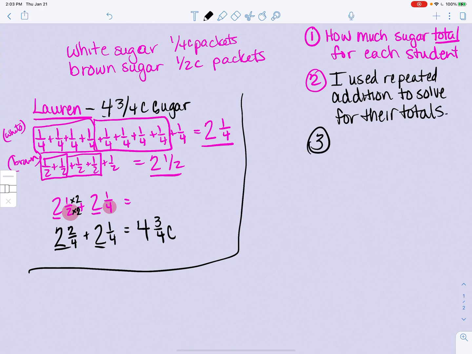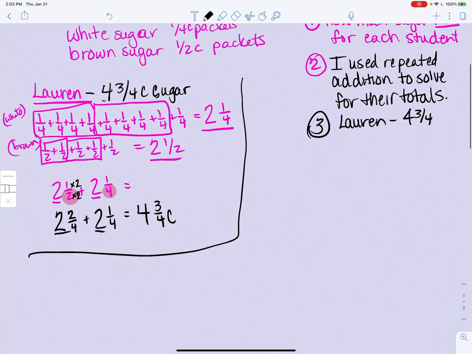And my third one is wanting the answer, so I'm going to type, I have to do Lauren has 4 3/4. So since it's there, I know I'm right. Let's go figure out what the other people have.